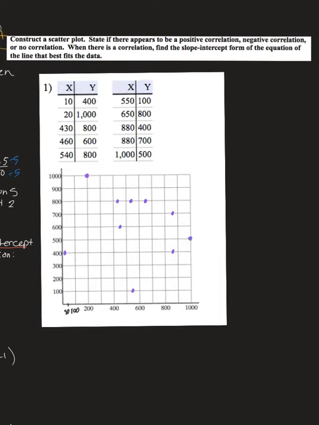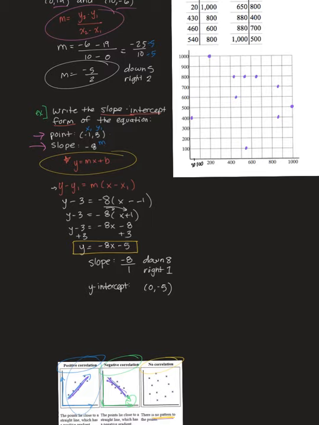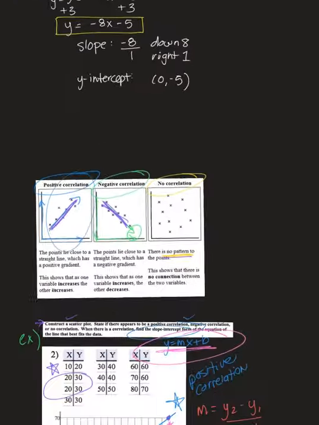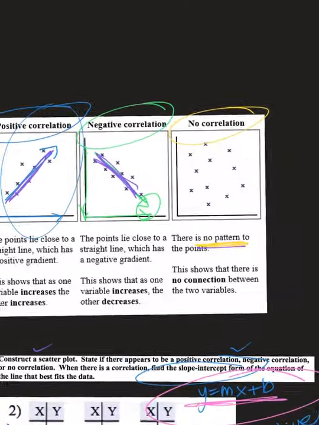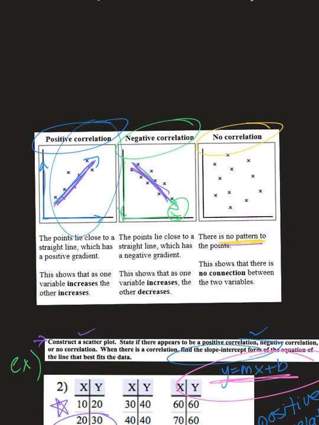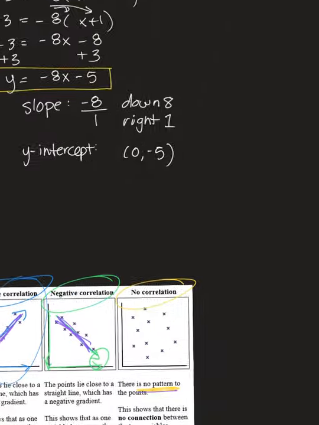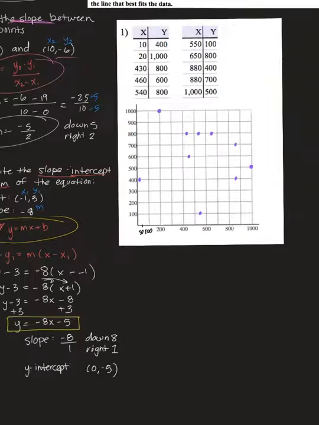Now I want you guys to think about the type of correlation that is going on here. If you need a refresher, you can look back at the previous part of our video where I gave you guys the chart. And out of these three, which one does our graph look like?